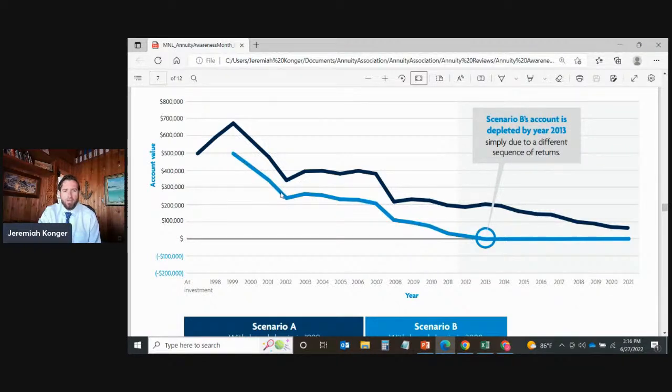And unfortunately, they were met with 3 straight years, or at least two for sure, but looks like 3 years of negative returns in the beginning of their retirement, all while starting to draw an income off of that portfolio.